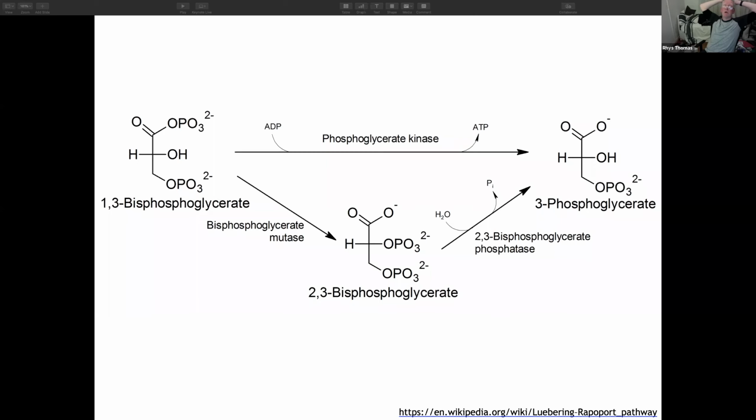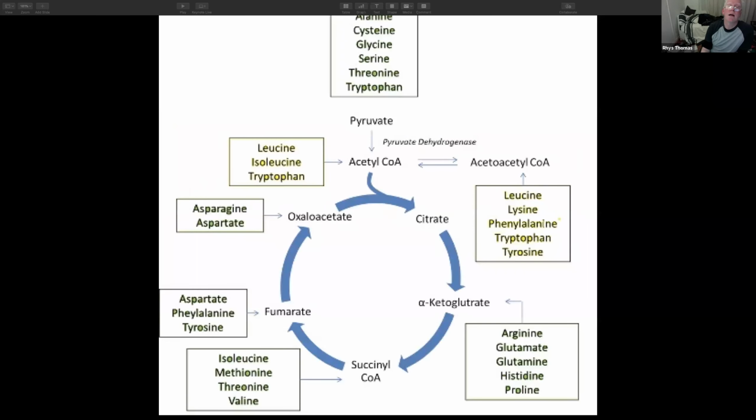In order to do that, it sacrifices the production of an ATP molecule. So it's not without cost to produce that. That's just a little side note that's probably worth knowing, that that's how you get the 2,3-DPG that we're interested in for other reasons.